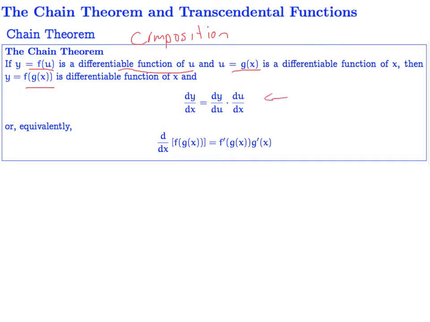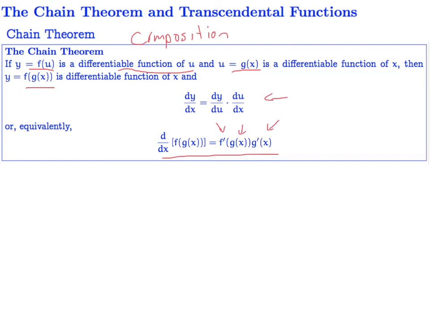Up here, we have the Leibniz notation worked out. I find it kind of confusing. What I like better is the notation down here, which says that to find the derivative of a composition of functions, we take the derivative of the outermost function, keep the inner function the same, and then multiply by the derivative of the inside function.